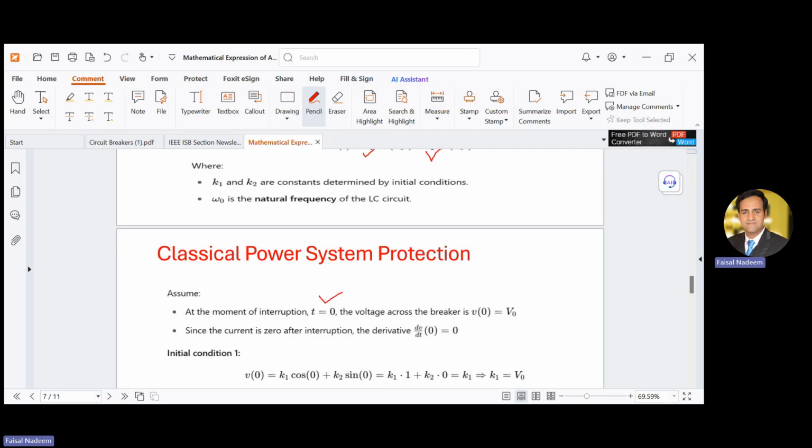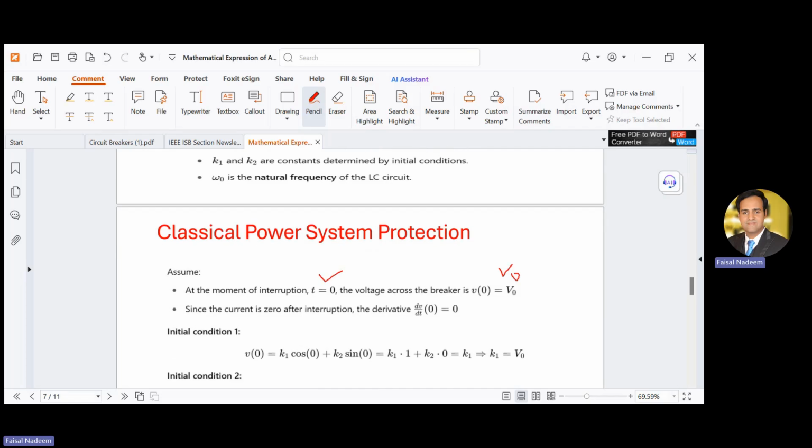So suddenly when the interruption occurs, the voltage across the breaker becomes V naught, which is the supply voltage. Second, since the current is zero after interruption, the voltage change with respect to time at time zero is equal to zero. So these are the two conditions that we will utilize to find the values of K1 and K2.